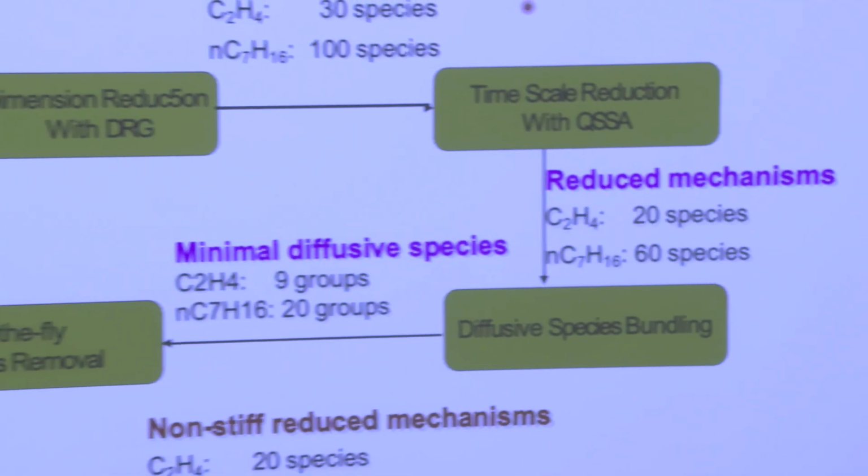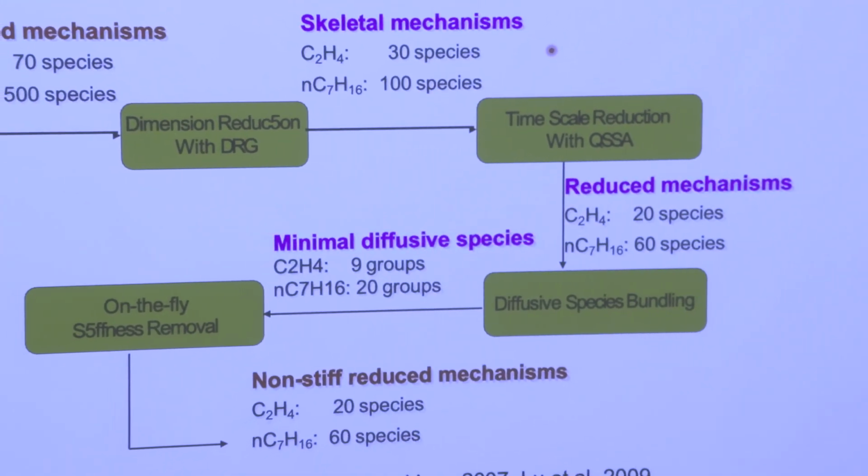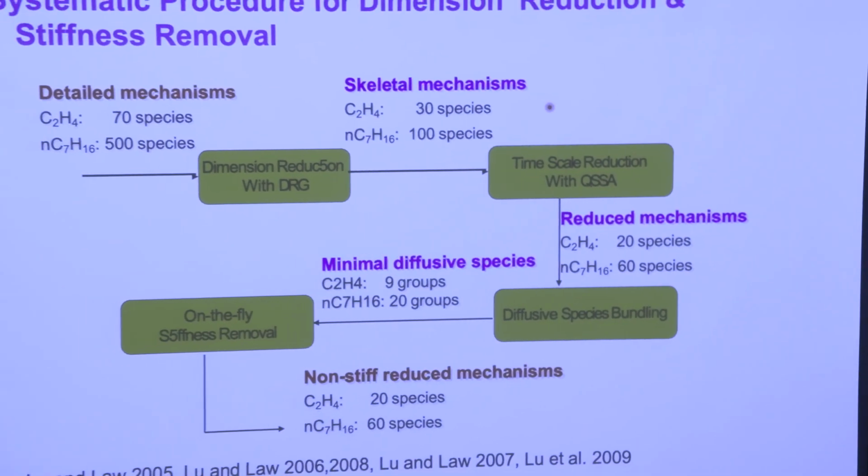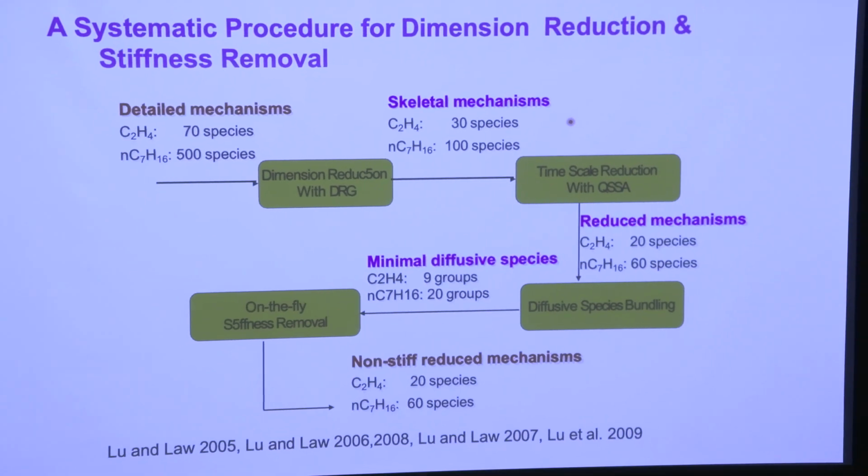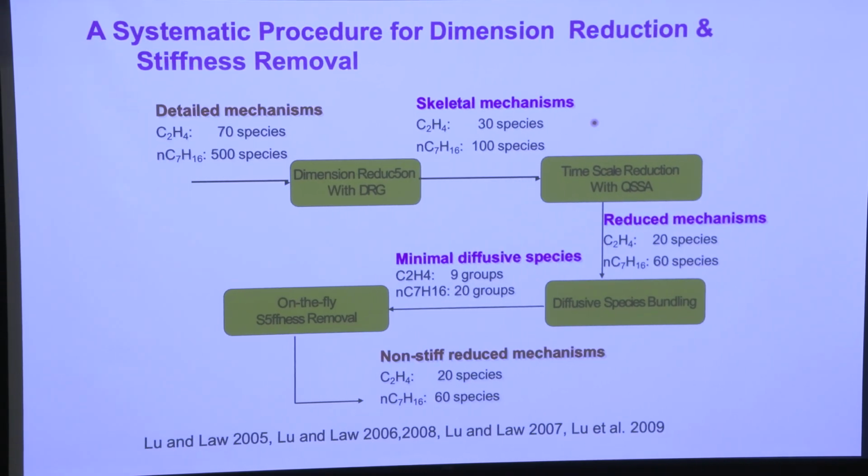Then we apply dimension reduction with directed relation graphs, which identifies unimportant reactions and species to reduce that down to a skeletal mechanism that might contain maybe half to a quarter of the number of species that were present in the detailed model. Then through further timescale reduction, assuming quasi-steady state assumption or partial equilibrium assumption, we get reduced models that may be of the order of 20 species for ethylene and 60 species for n-heptane.